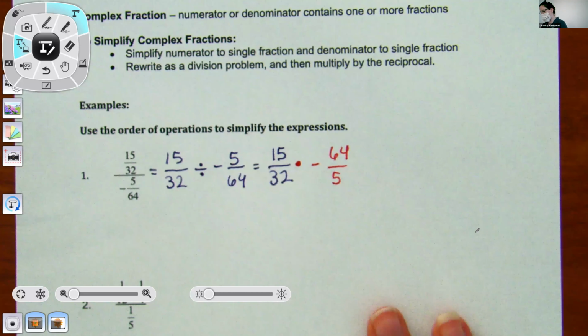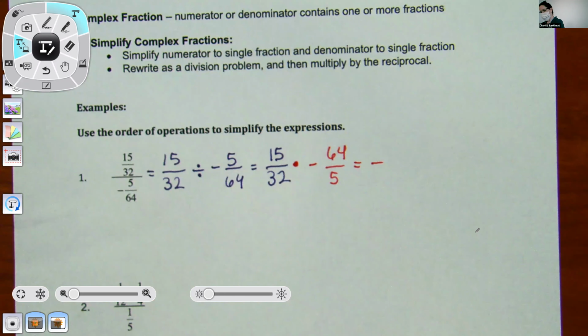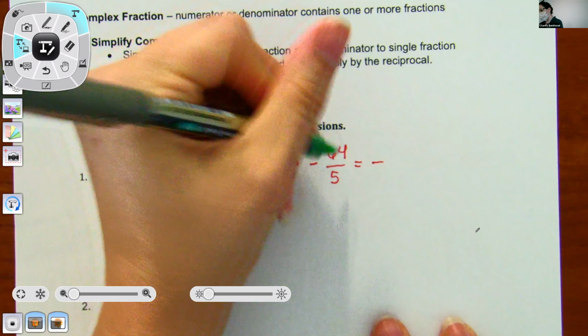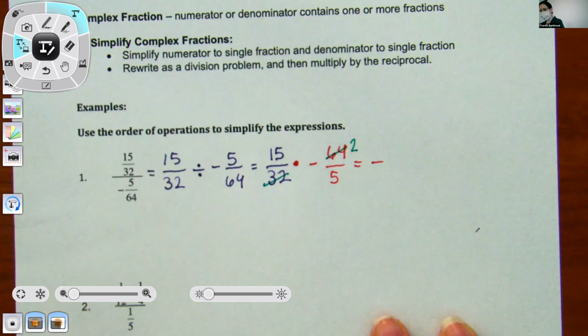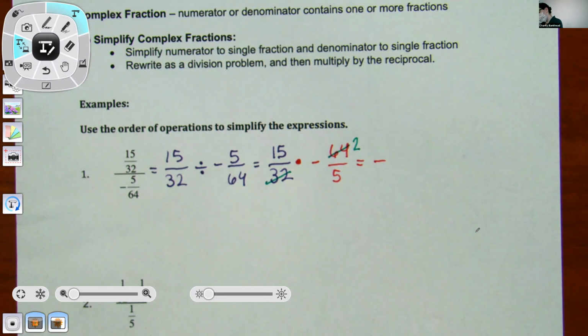Okay, so I know it's a positive times a negative, so I know that my answer is going to be negative. Now let's see what we could reduce. I know that 32 goes into 64 2 times, and I know that 5 goes into 15 3 times.